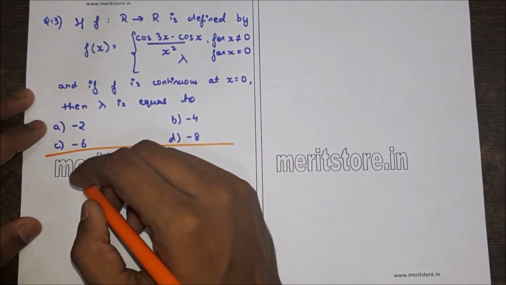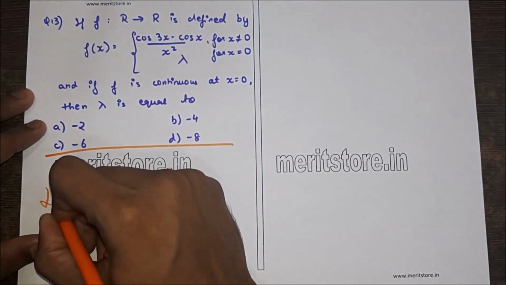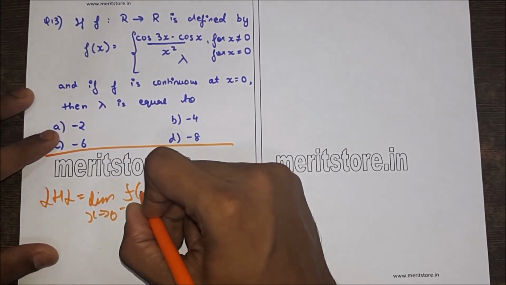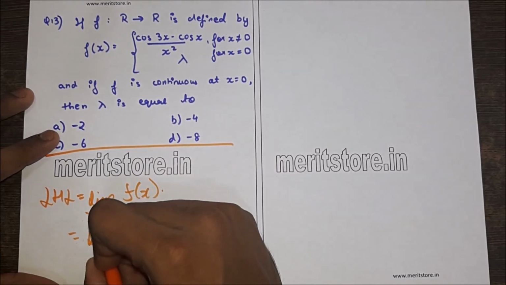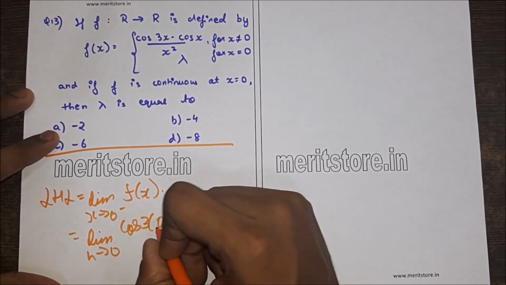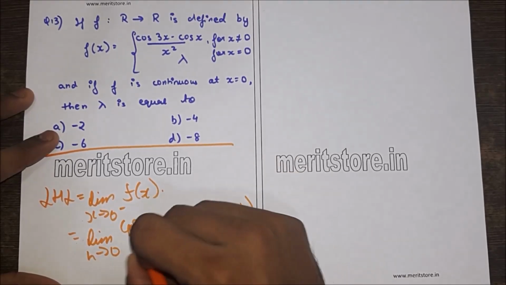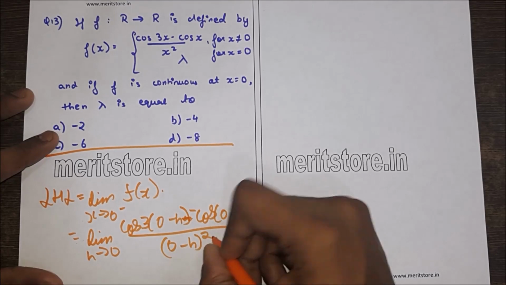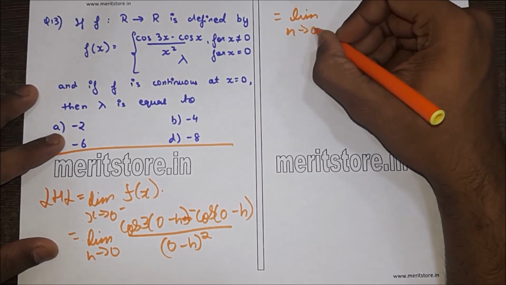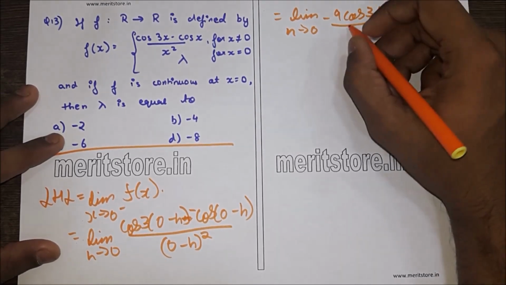So given that f of x is equal to lambda for x is equal to 0, we could write the left hand limit as limit of x tends to 0 minus, f of x, which is equal to limit of h tends to 0 cos of 3 into 0 minus h minus cos of 0 minus h upon 0 minus h the whole square. That gives us limit of h tends to 0 minus 9 cos 3h plus cos h upon 2.